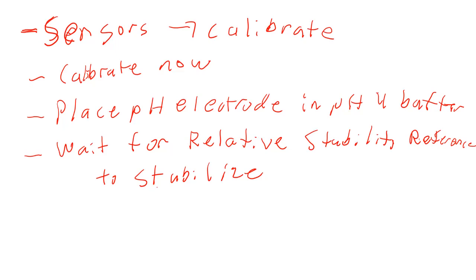If that's still changing, then you may be telling it something is pH 4 when it's actually not. So you want to wait for that relative stability reference to stabilize. And then once it stabilizes, you're going to type in 4. And then after you type in 4, you're going to select Keep.